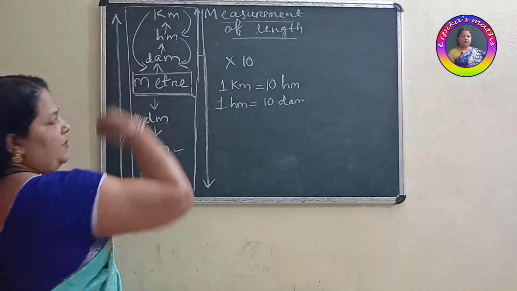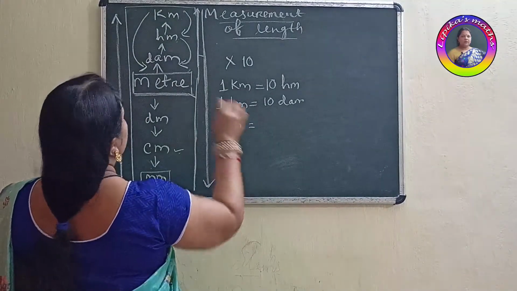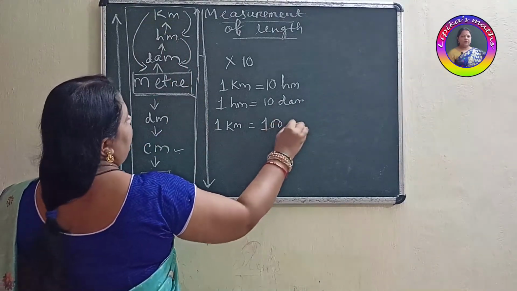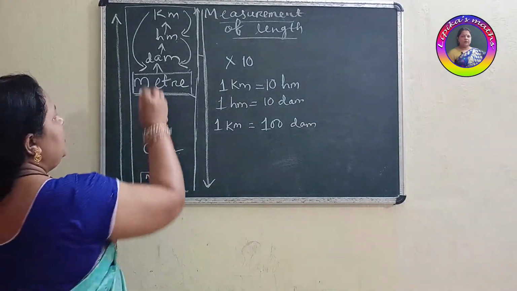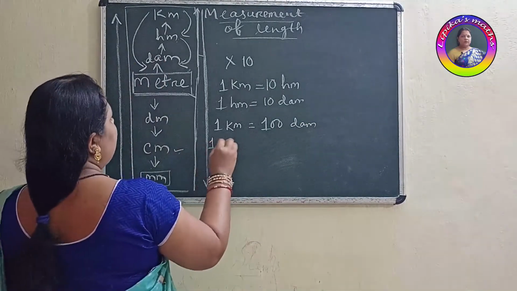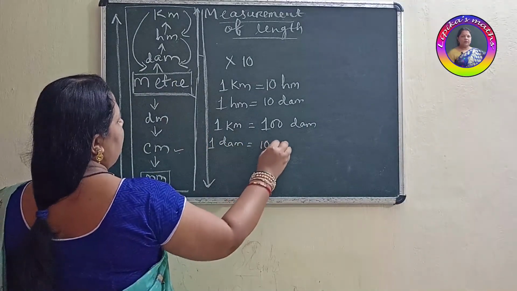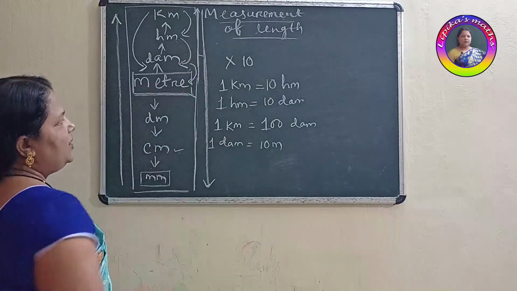We crossed 2 steps. So 1 kilometer equals 10 into 10, that means 100 decameter, right? Then 1 decameter equals 10 meter. Decameter to meter is also one step.